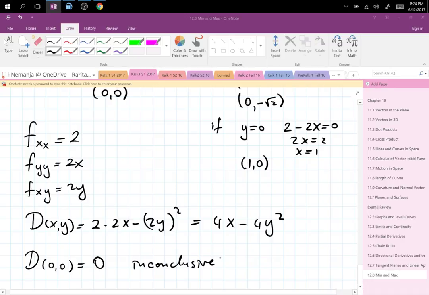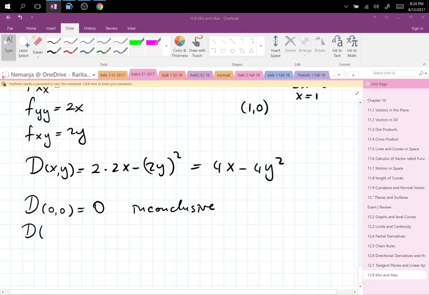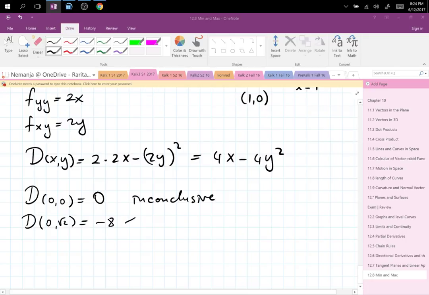So we use something else. We also have 0, root 2. If I put in 0, root 2, I have 0 minus 8, so negative 8. Observe that fxx is positive 2. So D is smaller than 0, and by the definition, if it's less than 0, it's a saddle, so we don't need the fxx part.